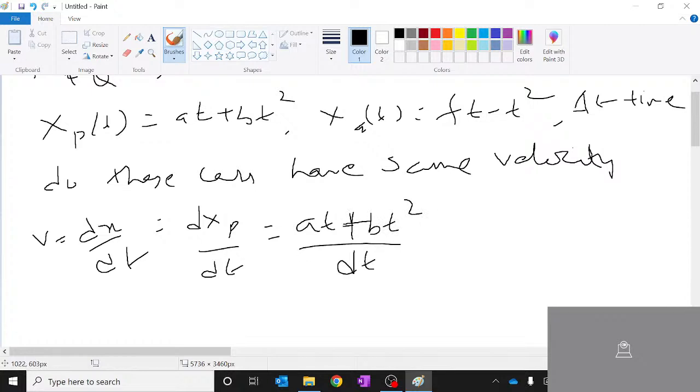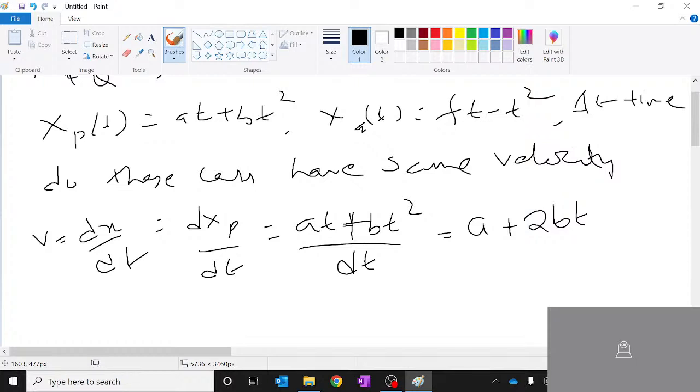Differential with respect to time. Clear? Understood? Now what happens? Differential of at is nothing but a, and bt square is nothing but 2bt, correct? So vp is a plus 2bt.